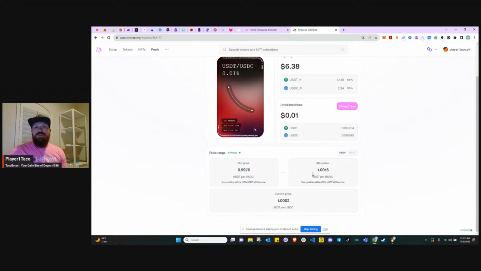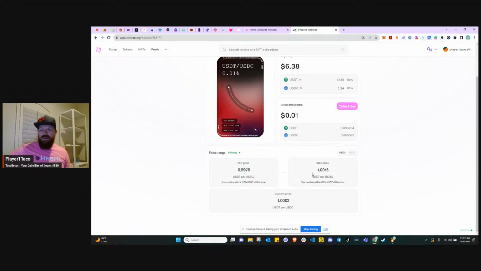And as long as we're within range, that means two things. That means that we are going to be collecting fees, and we'll still have both sides of that token. So if we were to go to max price, if we were to go over USDT per USDC, people are wanting USDT, and so they will buy USDT and sell their USDC for it.